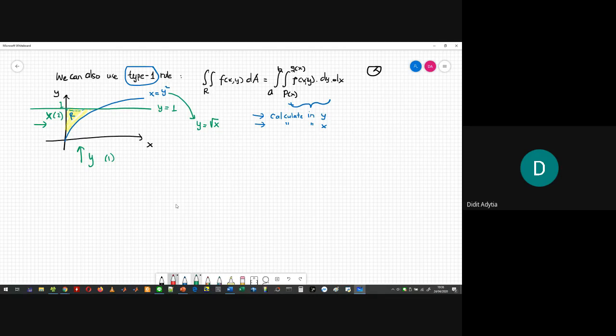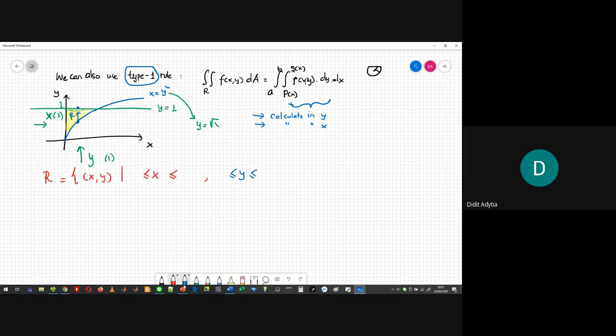Now we calculate it. Okay, now we calculate. First we define the R. What is R? R is a set of points x and y with the rule x is between. Ingat tadi, x-nya konstan, y-nya tidak konstan. Y-nya berada dari sini ke atas ini. Oke, tidak konstan.